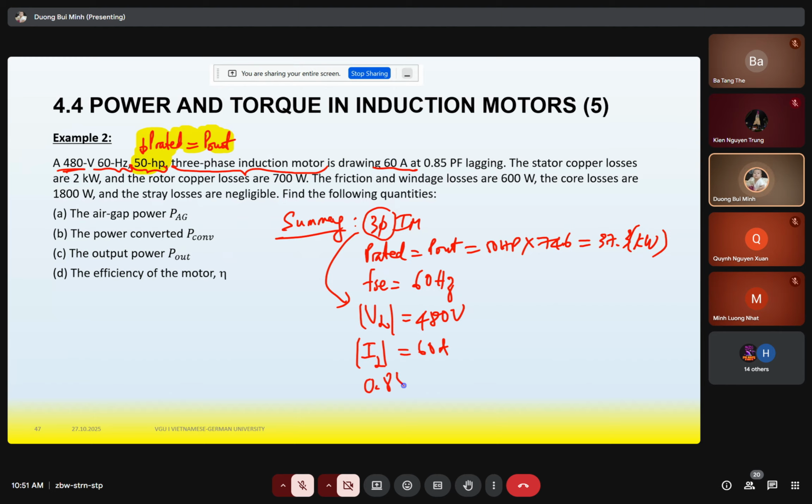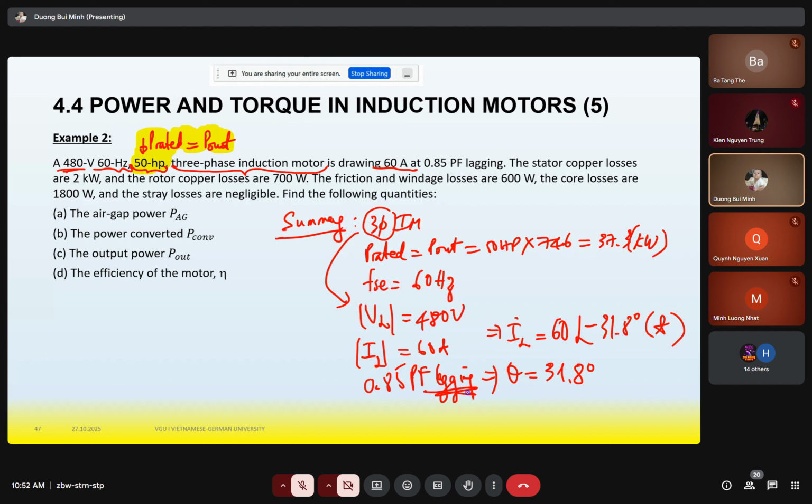We have 0.85 power factor lagging. That means we have phase angle theta equal to cosine to the power of minus 1 of 0.85. You get 31.8 degrees. Or we say IL is 60 ampere at minus 31.8 degrees.